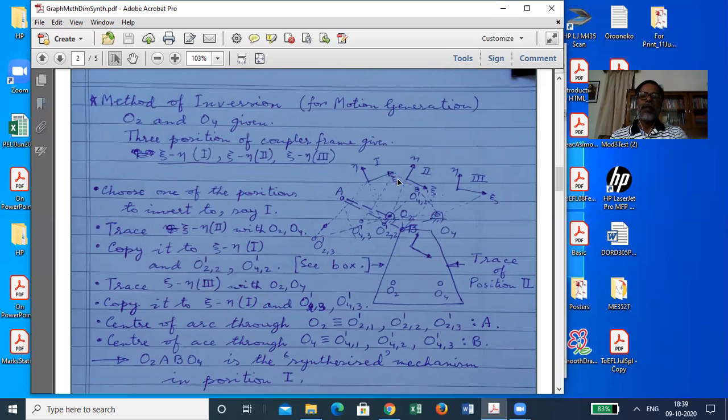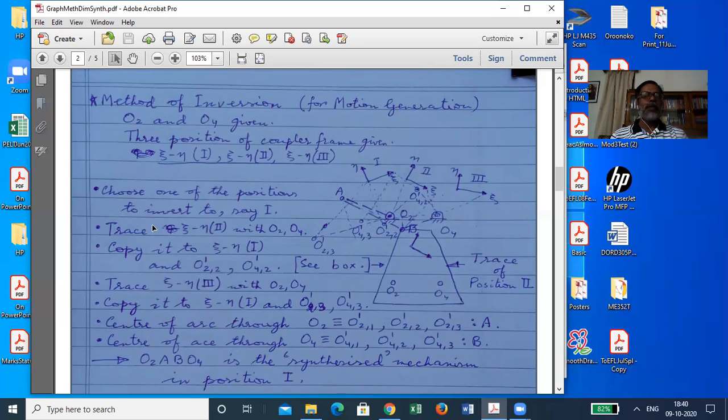So here O4 comes. So that is O4 to 1. That means position of O4 at the second position when inverted to the first position. And similarly, wherever this has gone, that is O2 to 1. That is position of point O2 in the second position when inverted to the first position.